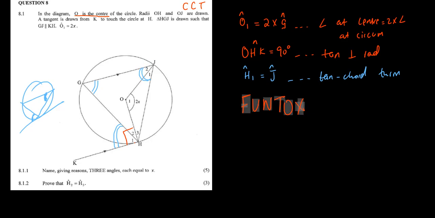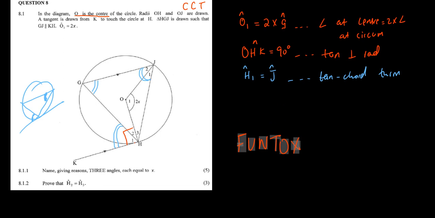So I can write it here: angle H1 is equal to angle G. Reason being that they are alternating. Which lines are parallel? GJ is parallel to KH. Perfect.